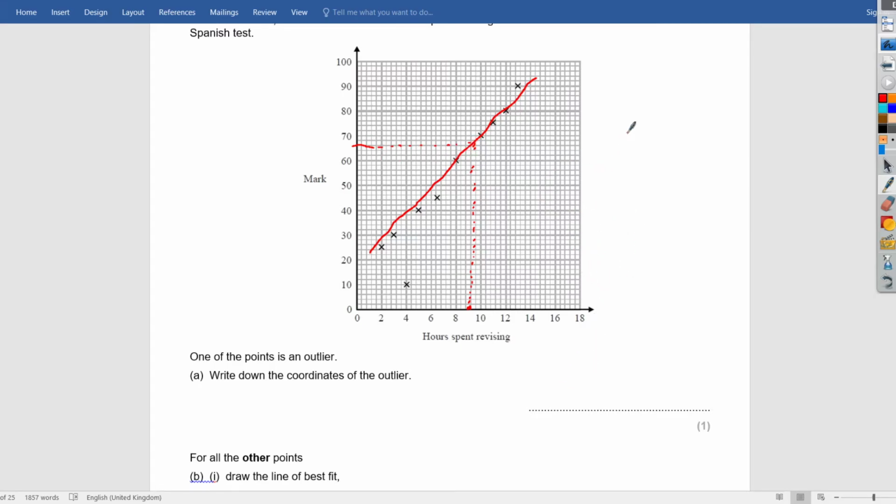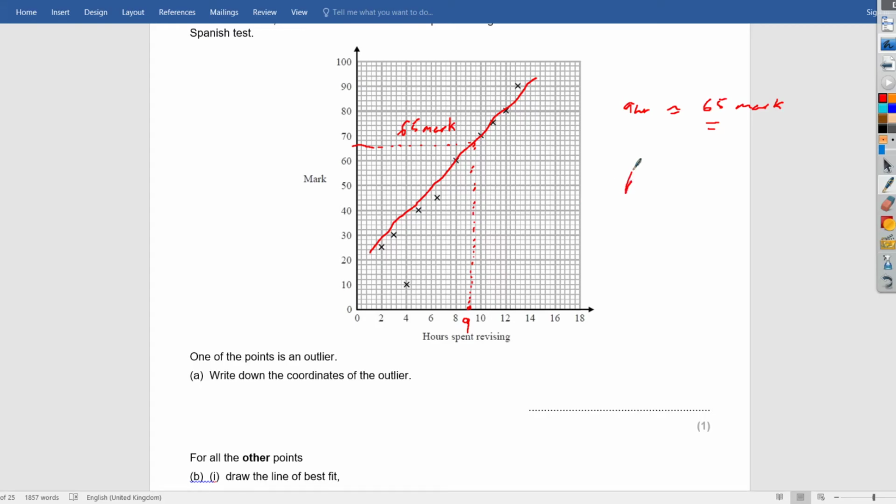So 65 marks. Person studying 9 hours approximately achieves 65 marks. There will be some error interval where you've been given some marks, so don't worry about that.